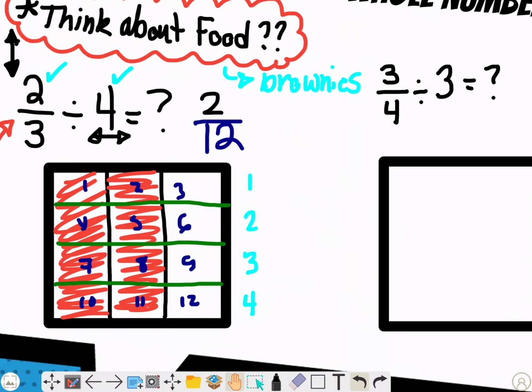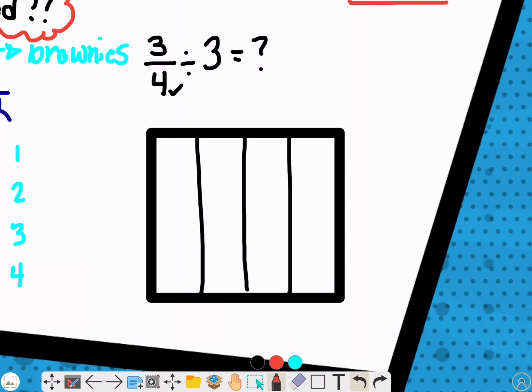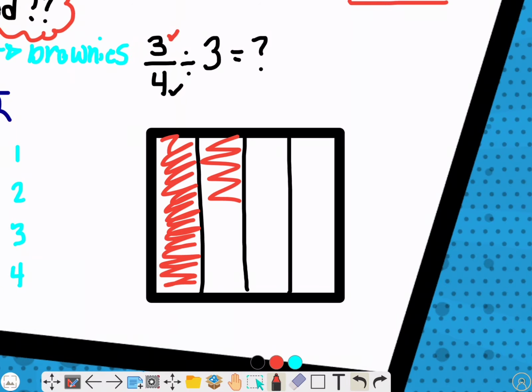Now I'll do another problem. 3/4, so you have 3/4 of a pan of brownies that somebody made for you. It's cut up into fourths, and 3 of these fourths are mine. Notice I broke it up vertically. I'll go through it a little quicker with this problem.